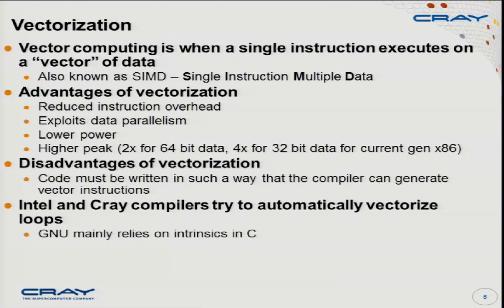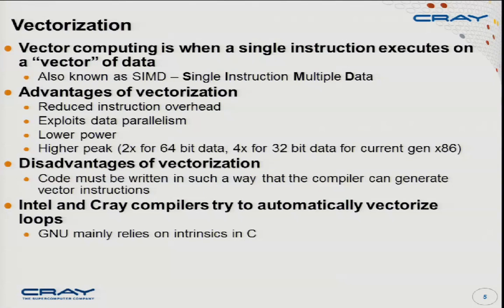Intel and Cray compilers try to automatically vectorize loops. And I should say, Cray basically does it by default. Intel, I believe, does it by default on the Cray machines. If you just load the programming environment, we have -vec set, and then you have to add -x AVX.